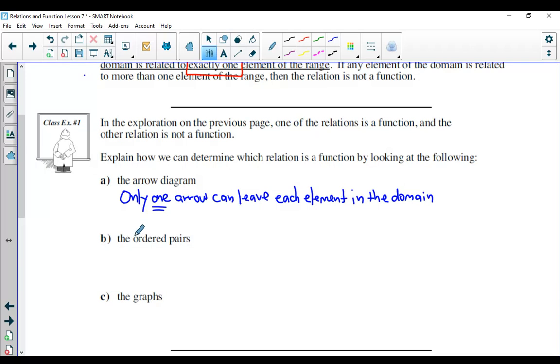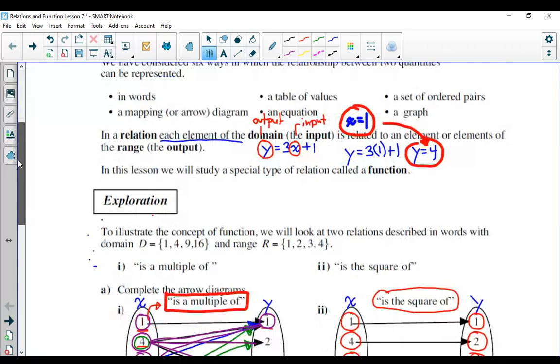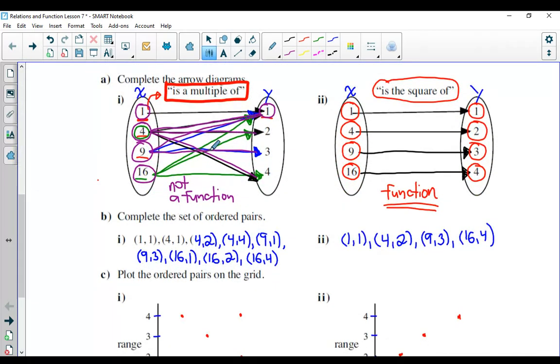So the key thing right here is that if you look at the ordered pairs, for example, let's pick this one.